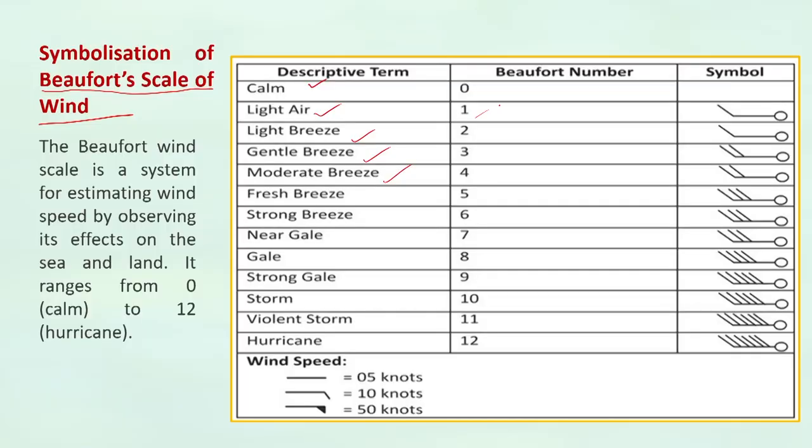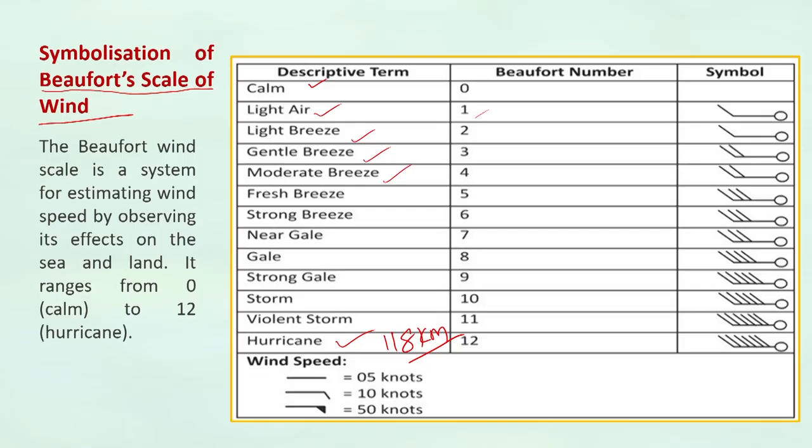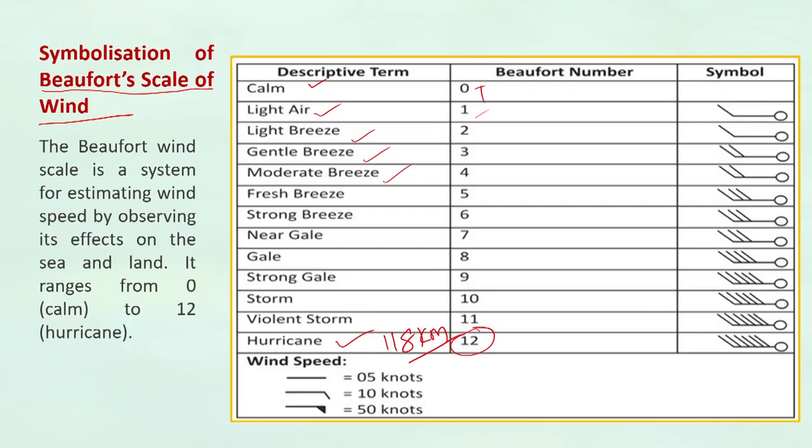Light air means wind moving at 1 to 5 kilometer speed, and so on. Similarly, hurricane means wind with a speed of more than 118 kilometer. So, based on speed, winds are named and numbered like this. Wind has 13 names, numbered 0 to 12, based on speed. You want to understand this.